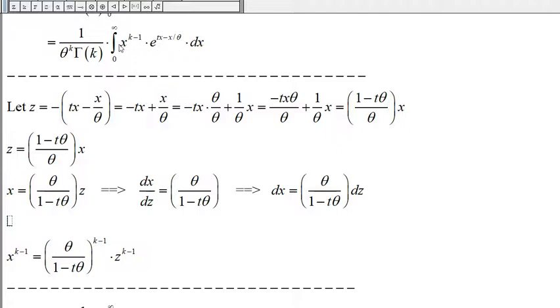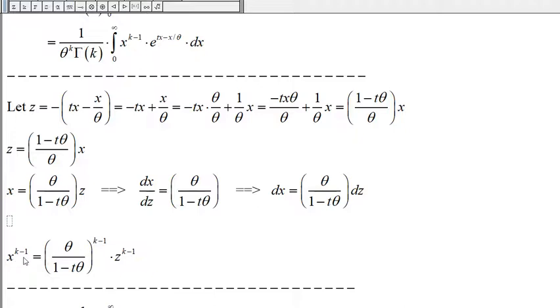For the integrand, we need x to the k minus 1. x is theta over 1 minus t theta times z. Raise both sides to the power of k minus 1.